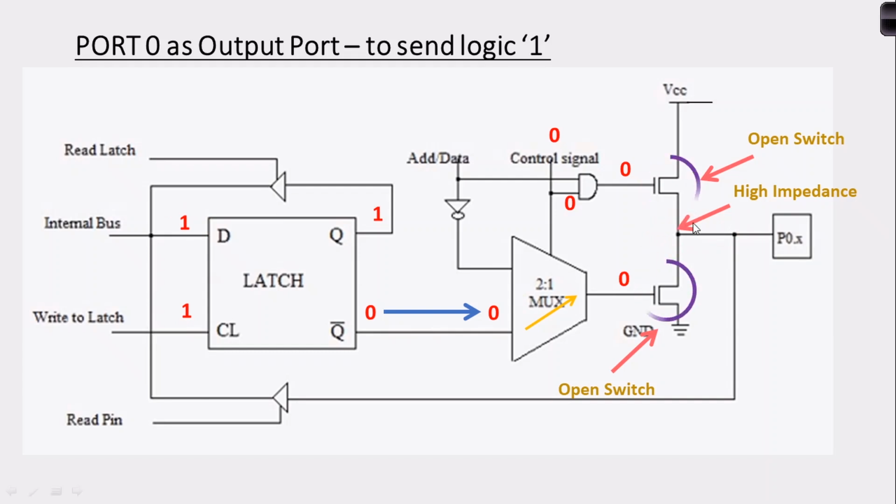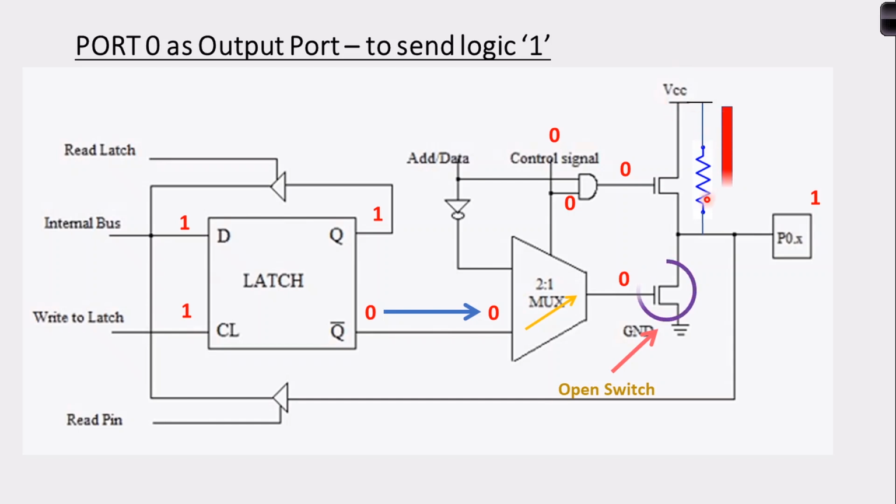So that is why we are going to connect a pull-up resistor which is connected to the VCC. Why is the pull-up resistor connected? Since I was supposed to get logic 1 over here, I am connecting a resistor which is going to pull this from high impedance to this particular voltage level, that is our VCC.